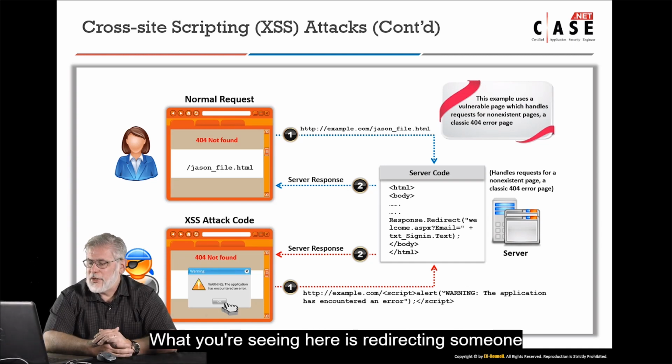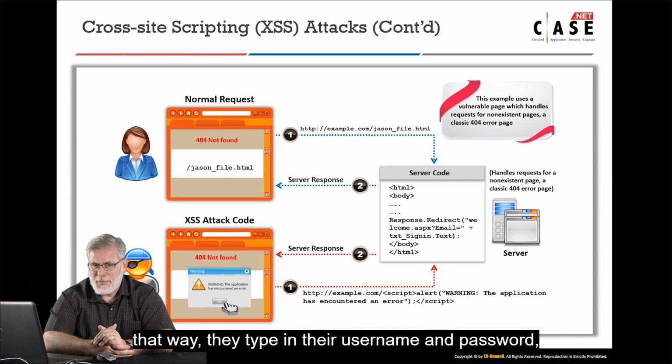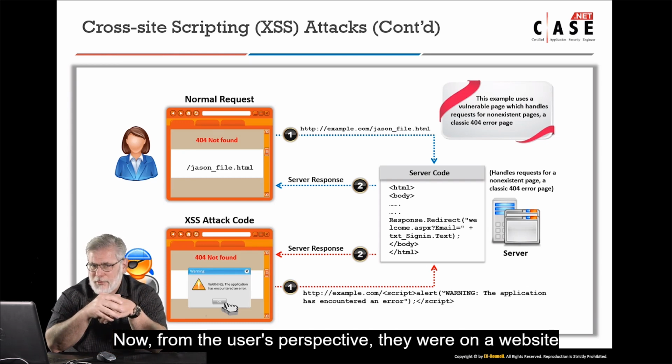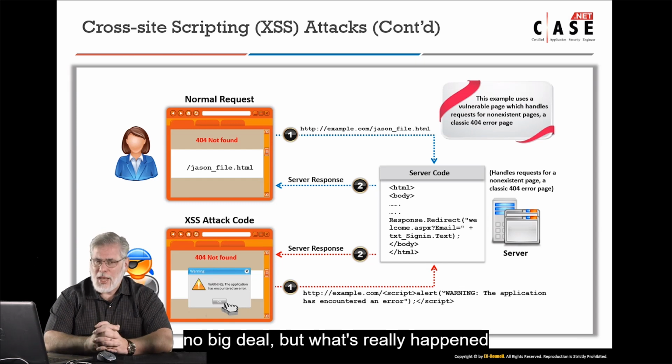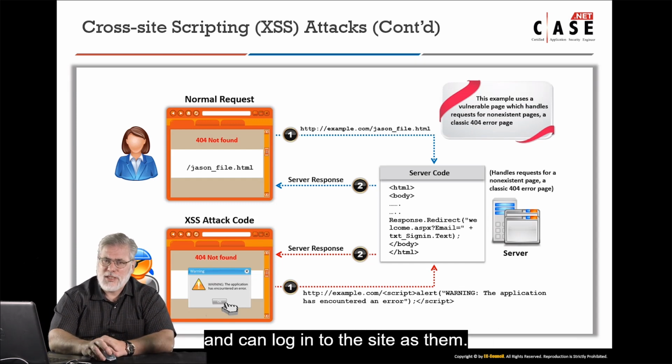What you're seeing here is redirecting someone to a fake login site. That way they type in their username and password. Then I send them back to the real site. Now, from the user's perspective, they were on a website that requested them to re-enter their username and password. No big deal. But what's really happened is I now have their username and password and can log into the site as them.